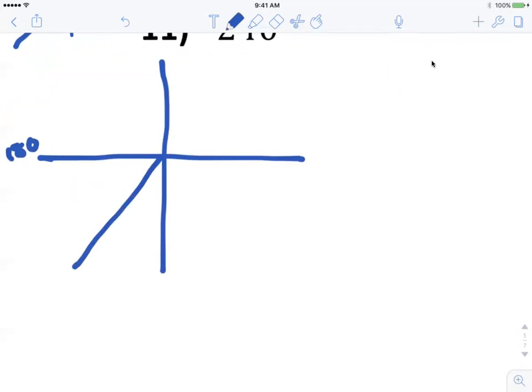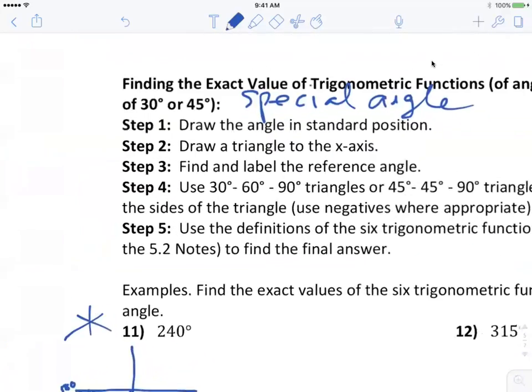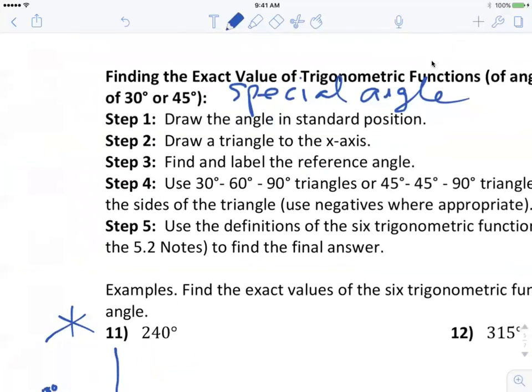Then it's useful to draw a triangle to the x-axis, and then label that reference angle. So I'm following the steps here. Step 2, draw a triangle to the x-axis. And then step 3, label the reference angle. So those are my first 3 steps.